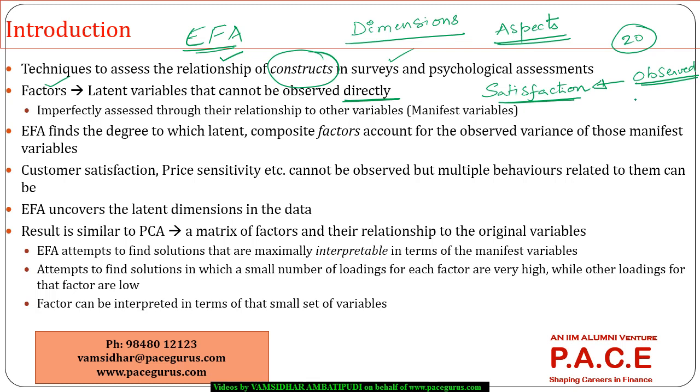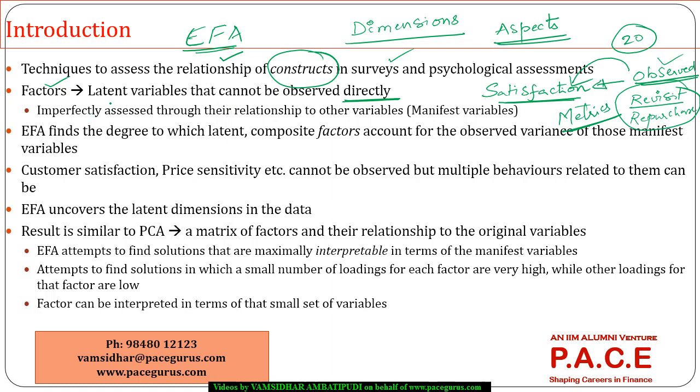Basically, what is the kind of revisits the customer is making to a particular store? How many times he is doing a repurchase of a particular brand? So there could be some kind of mechanisms or metrics which can be measured or observed, which in a way we link to satisfaction.